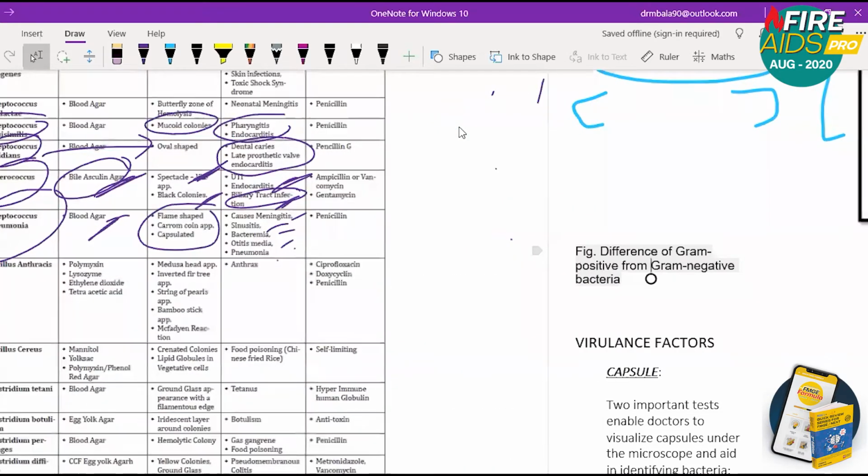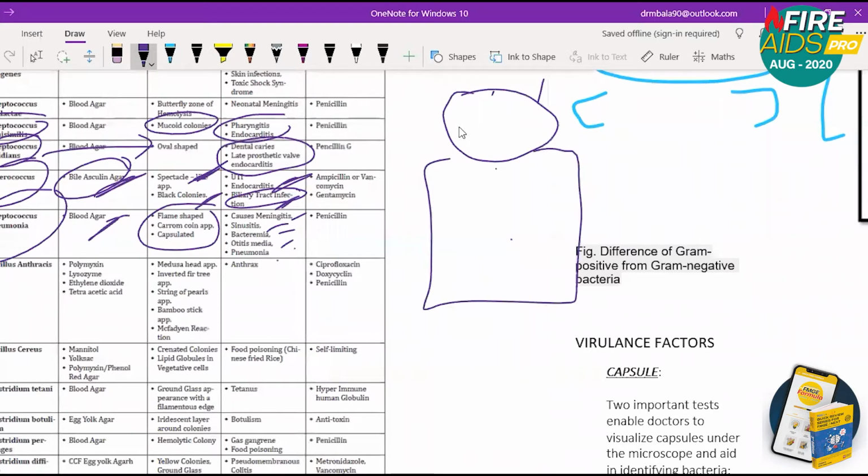Okay. So we're talking about Streptococcus pneumoniae. I want you to remember a picture as an idea. I'm not that good at drawing. So remember, this is a person with Streptococcus pneumoniae. His name is Mr. P. Pneumonia.